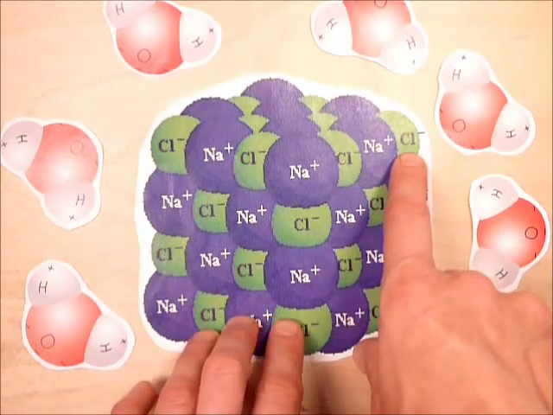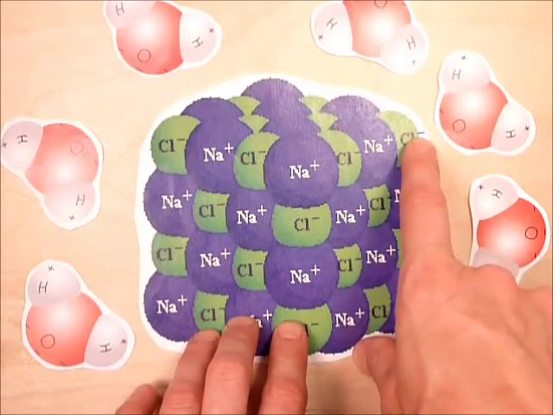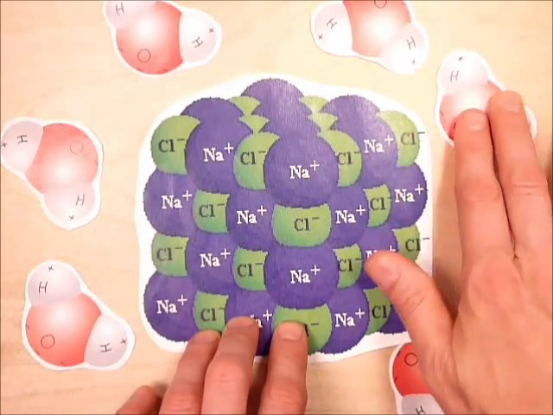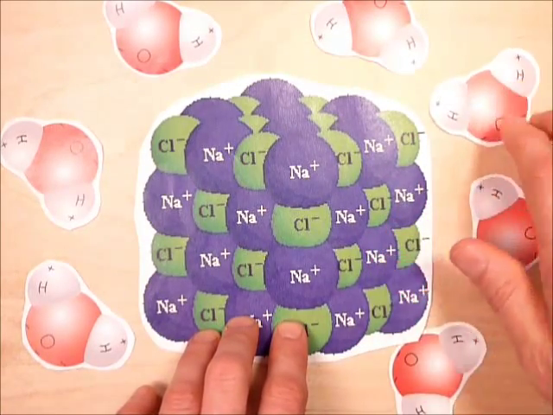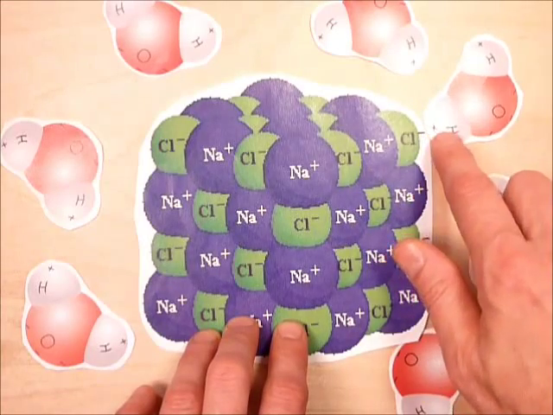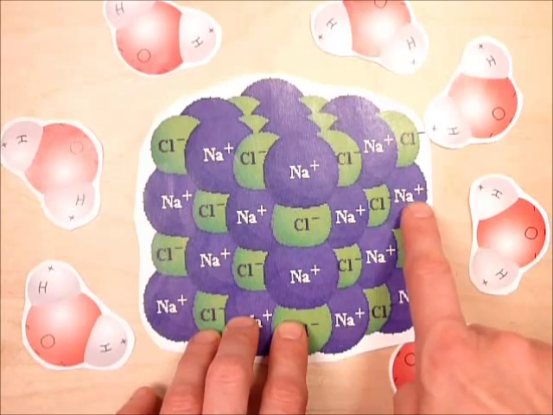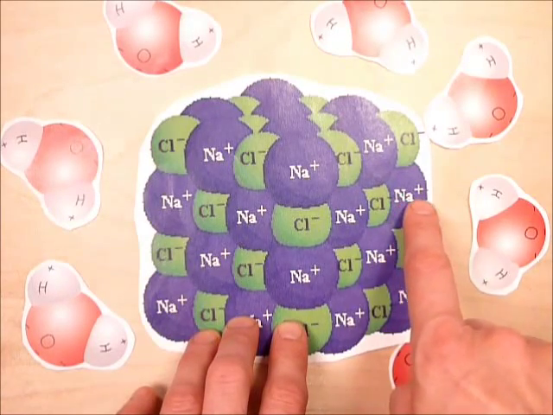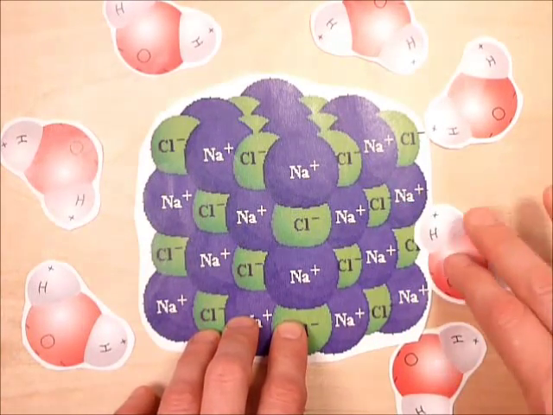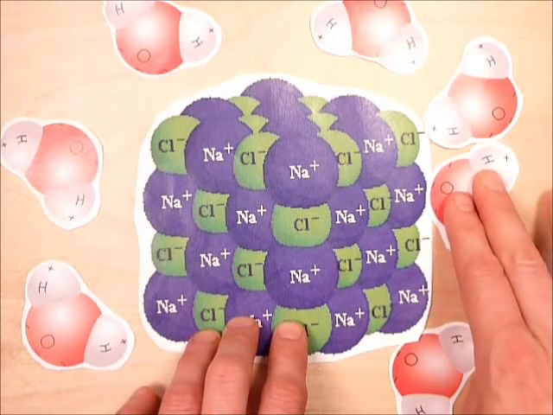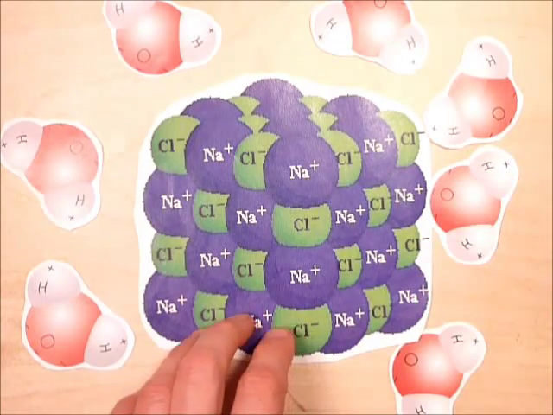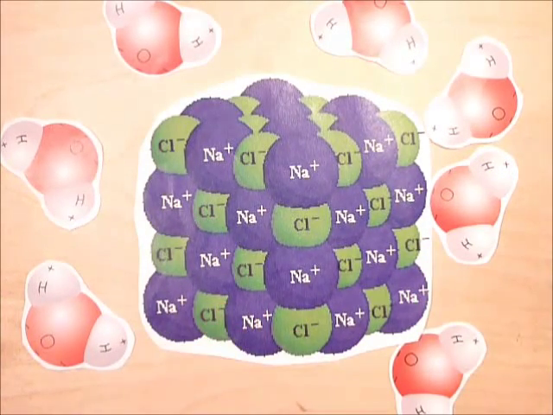Okay, for example, right here we've got chlorine, which is negative. So the positive side is going to be attracted, isn't it? Like this, negative, positive, like that. And see down here we've got Na, sodium, plus. So it's going to be attracted to the negative side of the water molecule.